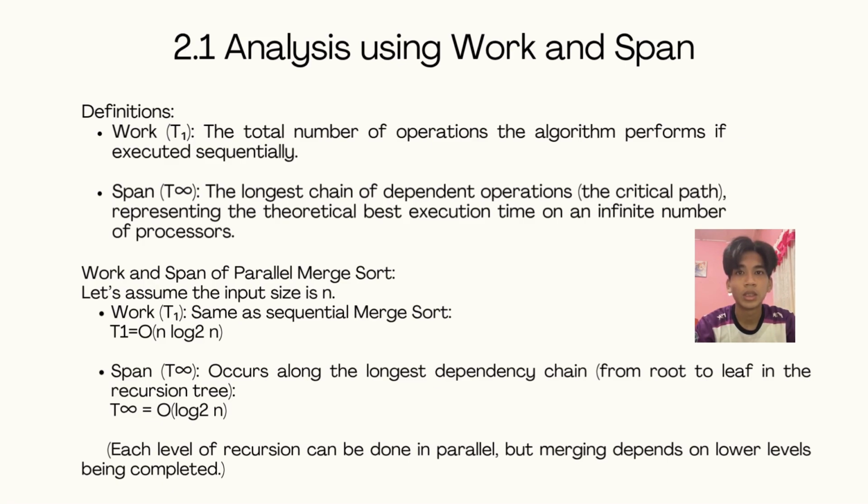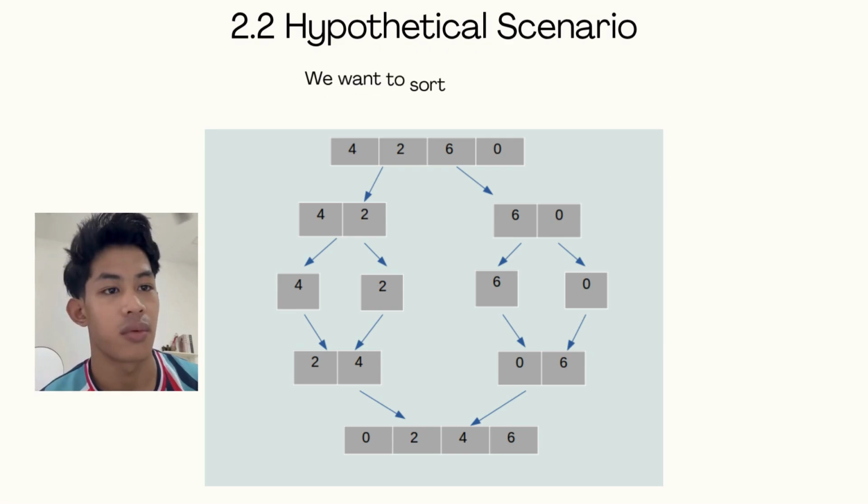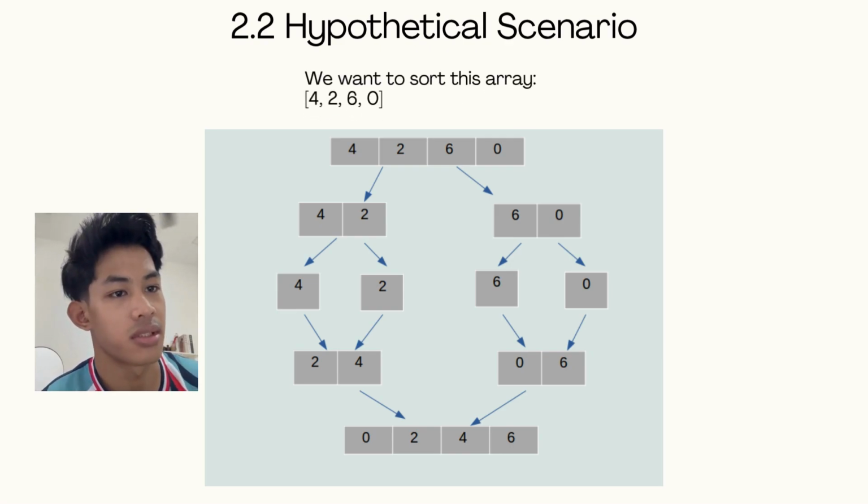In conclusion, parallel merge sort does the same amount of work as normal merge sort, O(n log n), but if we use unlimited processors, it can finish in O(log n) time because only the merge steps depend on each other.